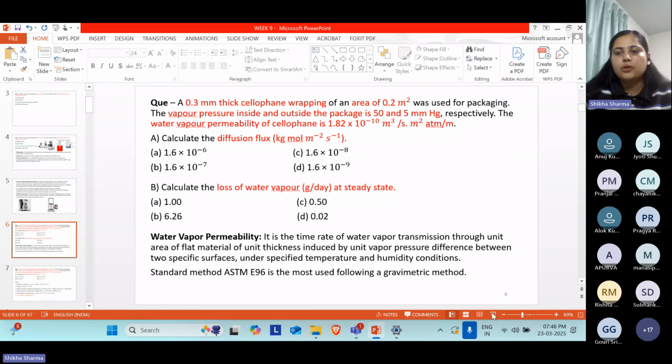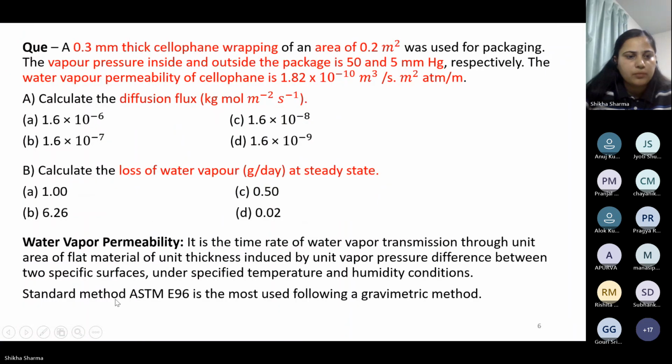So this question is a numerical problem where a 0.3 mm thick cellophane wrapping packaging material is used, and its area is 0.2 meter square. Then the vapor pressure inside and outside the package is 50 and 5 mm Hg respectively.